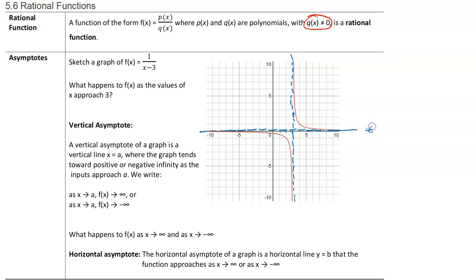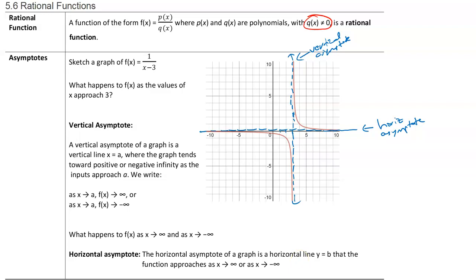this is called the horizontal asymptote. And the line x equals 3, this is called the vertical asymptote. So the horizontal asymptote is a line y equals b that the function approaches as x approaches positive or negative infinity.